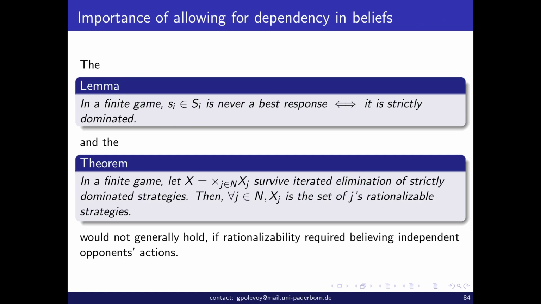Now, what we see is therefore that being the best response depends on whether we allow assuming dependency or not. So if we require that the belief always assumes independence, it stops being a best response for any belief which assumes independence.